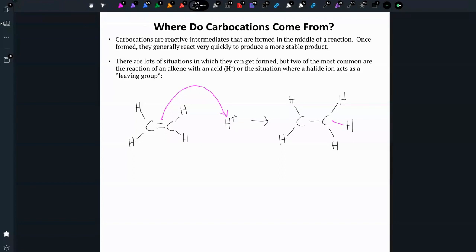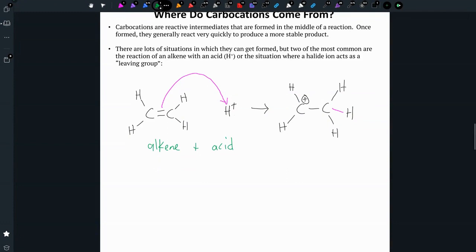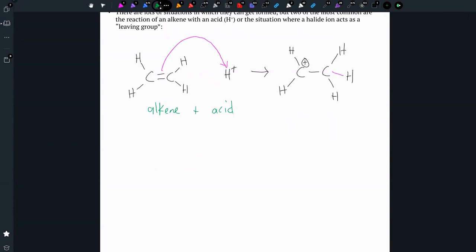When I do that, I leave the carbon on the left with an incomplete octet and a positive charge. So alkene reacting with acid making a carbocation. There would then be a subsequent step that we'll talk about a little later. So that's situation one, where you're likely to see carbocations.